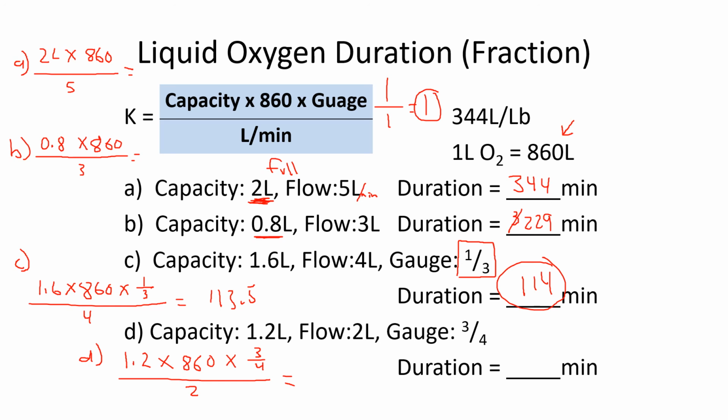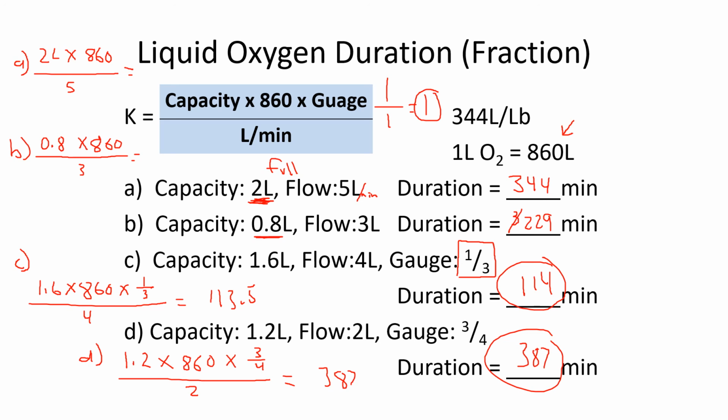How many? 387. 387? Or it's 387. So just do 1.2 times 860 times 3 divided by 4 divided by 2.